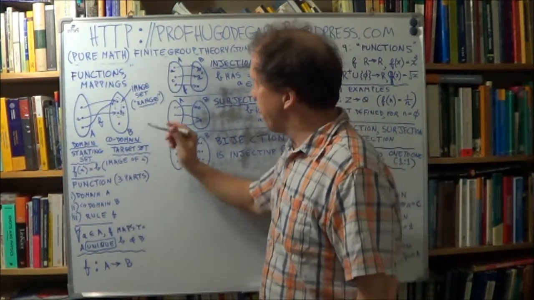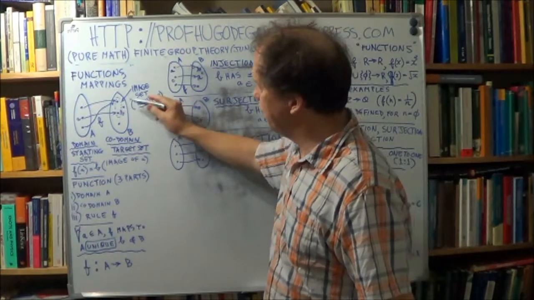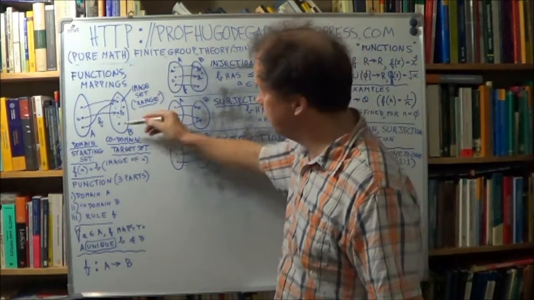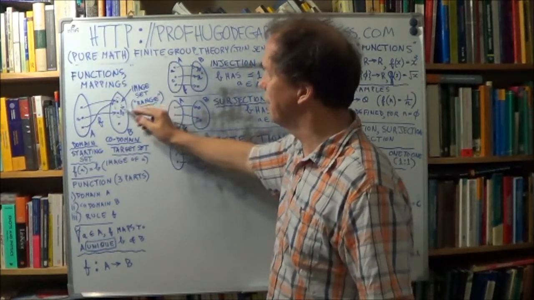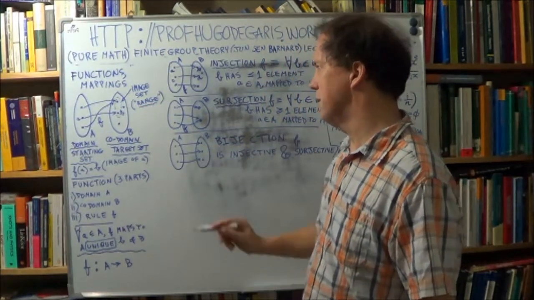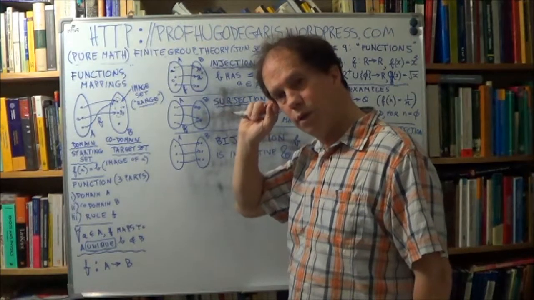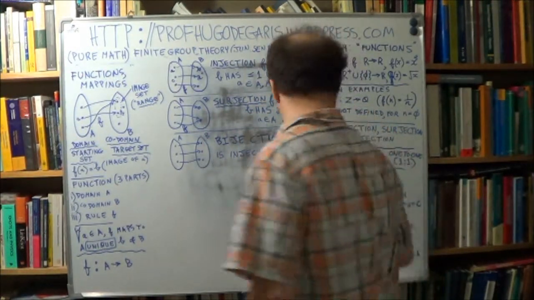So if your range is not the same thing as your codomain, in other words, there are elements that do not belong to your image set, then this function here is not surjective. It's not an onto function, right?